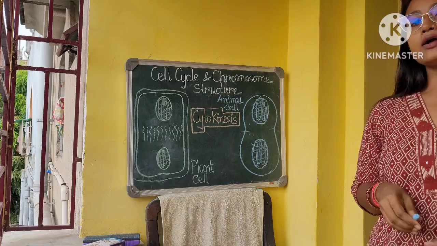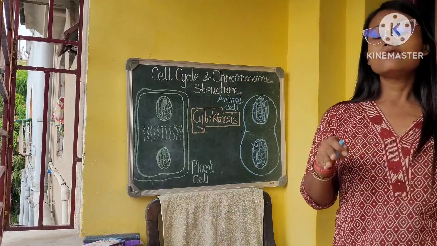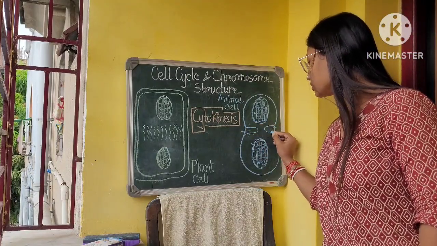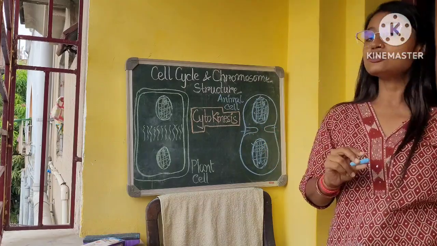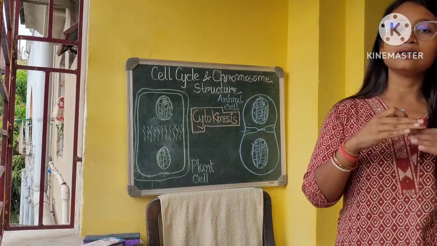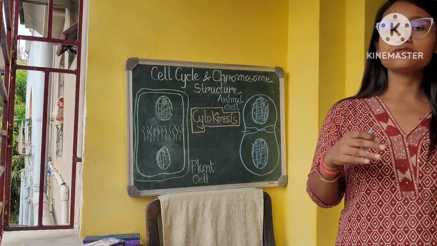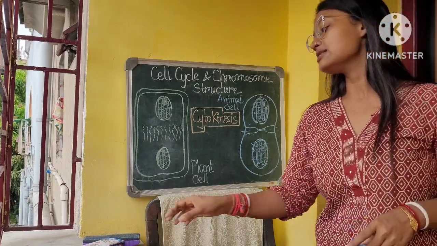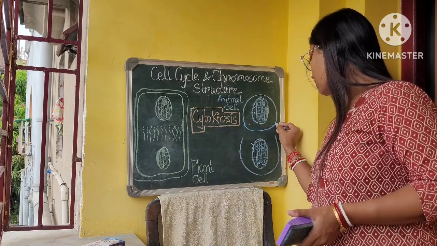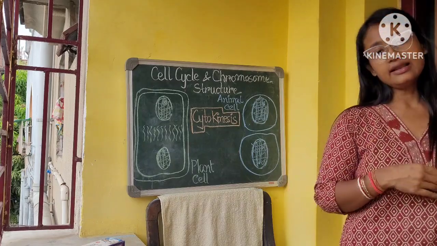This furrow, after appearance, gets deeper and forms a cleavage-like structure, and then both the cleaved cell membranes get attached to each other, and thus the cytoplasm gets separated and the cell membrane gets separated, as I am drawing here, and then the two daughter cells appear.